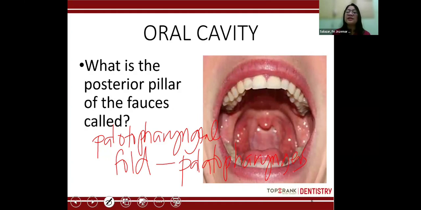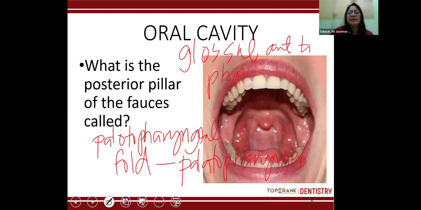You already know the muscles, palatoglossus and palatopharyngeus. You will not be confused about which is more anterior between the two muscles or folds, because the tongue is anterior to the pharynx, right? Your tongue comes before the pharynx. So palatoglossus is the anterior, palatopharyngeus is the posterior.